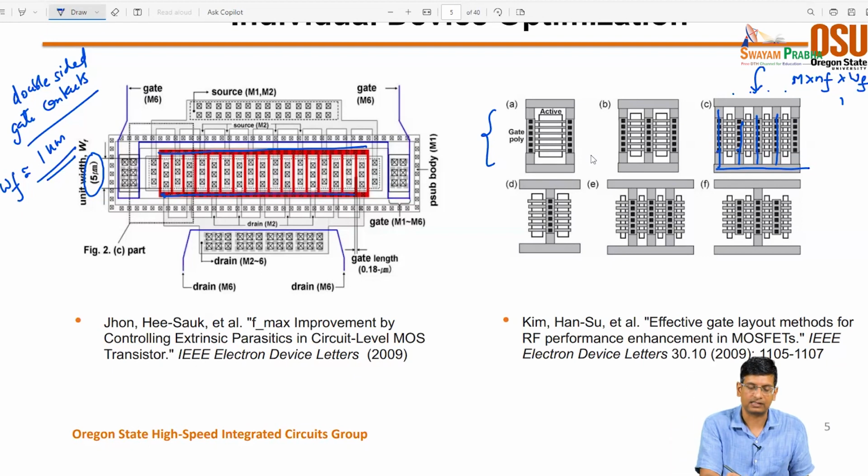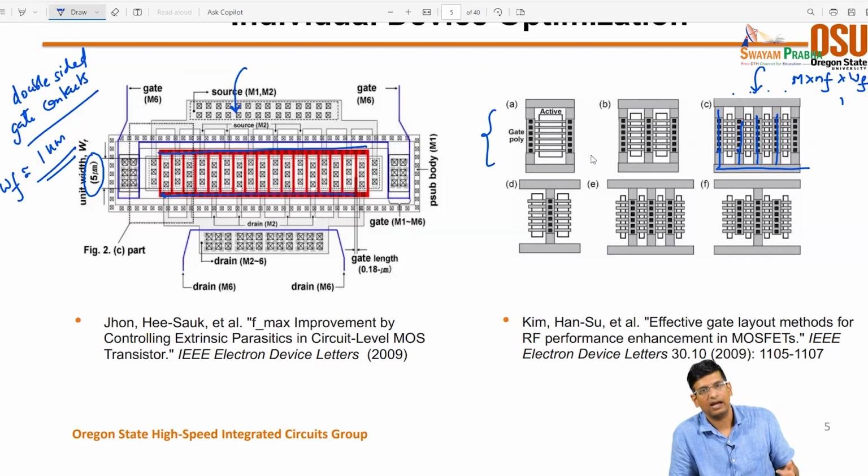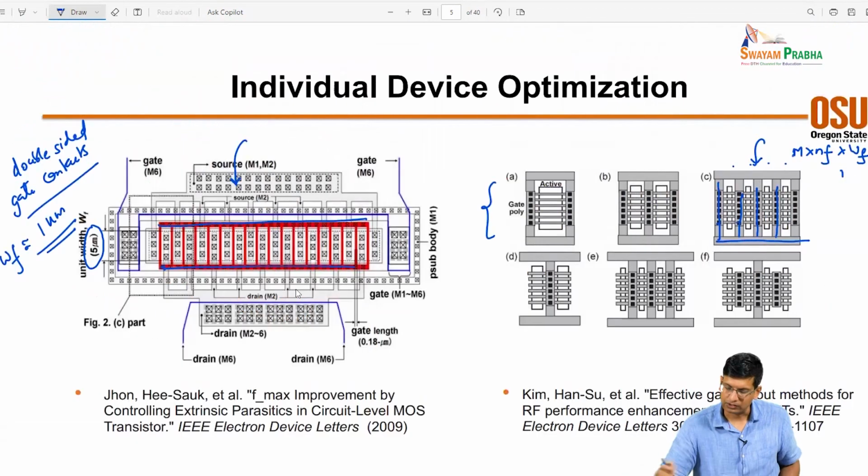In order to reduce the source and drain resistance, again, you have vias pretty close to your transistors, and then you go up to higher metal layers as soon as possible in order to minimize the RS and RG.